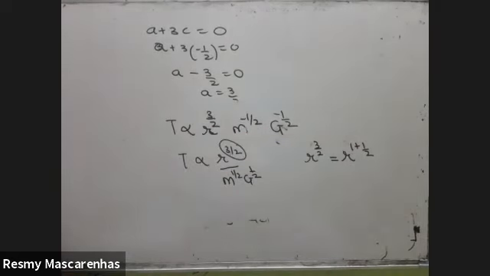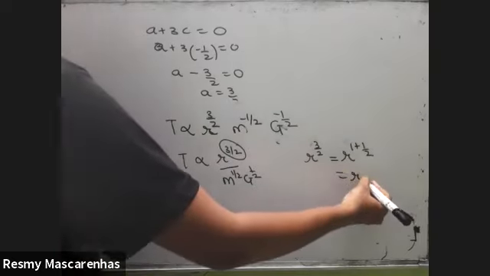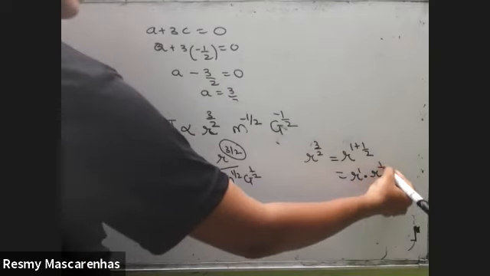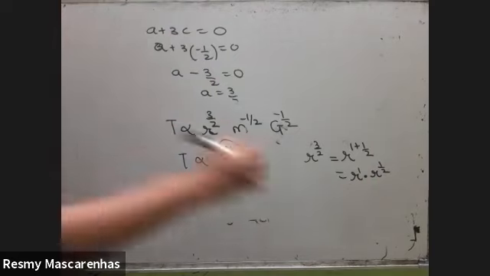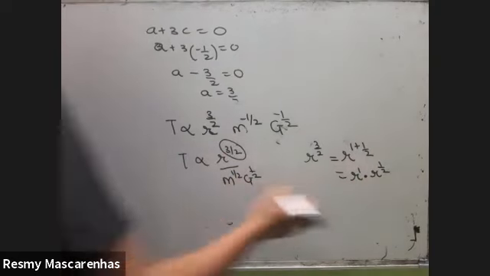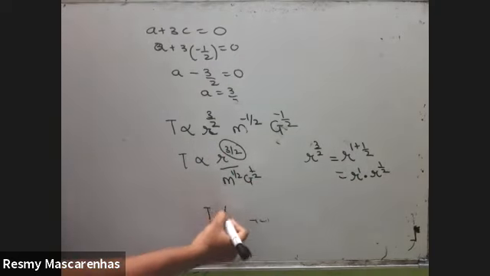So 3 by 2 can be split as 1 plus half. And if you split the powers, X raised to A plus B can always be written as X raised to A into X raised to B. So that way I'll write here.